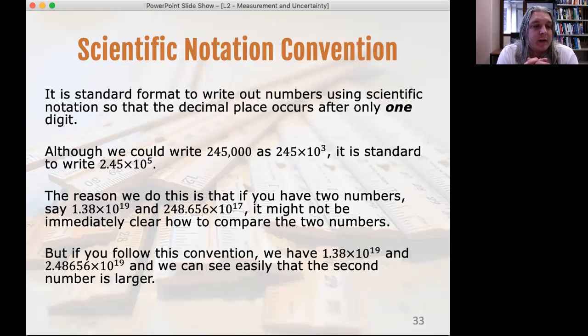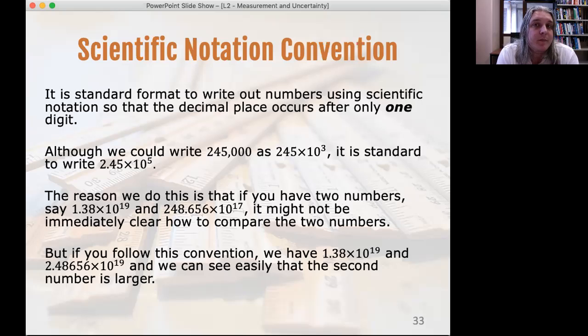There's an example right there with 1.38 times 10 to the 19 and 2.4865 times 10 to the 17. If you look at those two numbers, it might not be immediately clear which is the bigger number. If you've got a bit of practice or you're used to scientific notation, it does become pretty obvious.